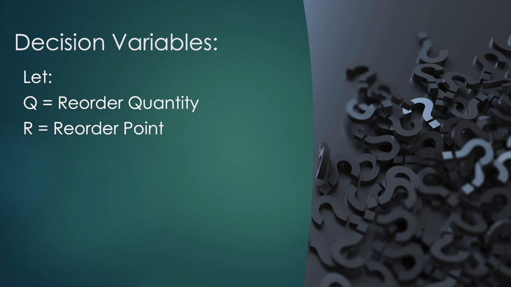Next, R. R is called the reorder point. What is the reorder point? The reorder point is the point in your inventory that will signal to you that you need to reorder again or already. So for example, let's say you own a J6 stall, and let's say one of your main inventory is chicken.